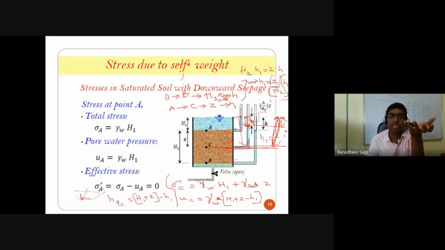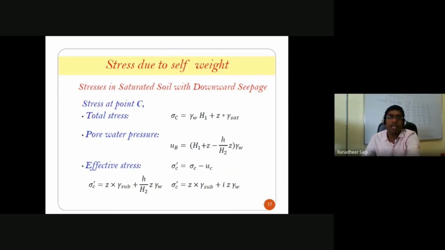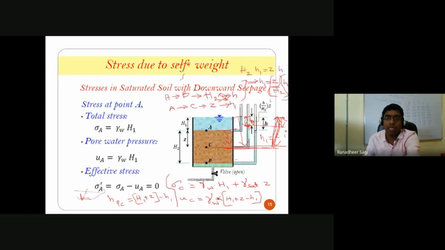So in that sense, I can simply write down what I am trying to look at according to what we have discussed. And if I calculate that, I'll get my expression for effective stress coming out to be what I could see here, as I told you earlier. So this term and this first term get cancelled, and what I'll have is gamma sat into Z minus gamma w into Z, which I can write with Z taken common.